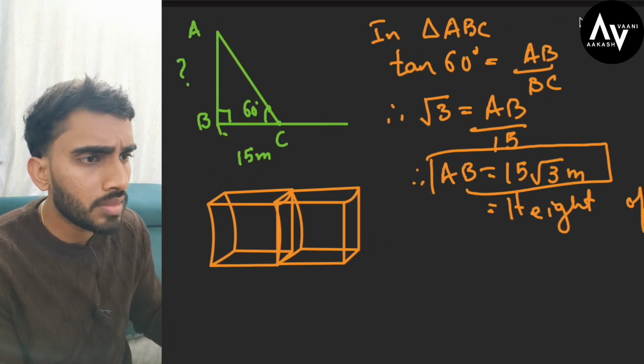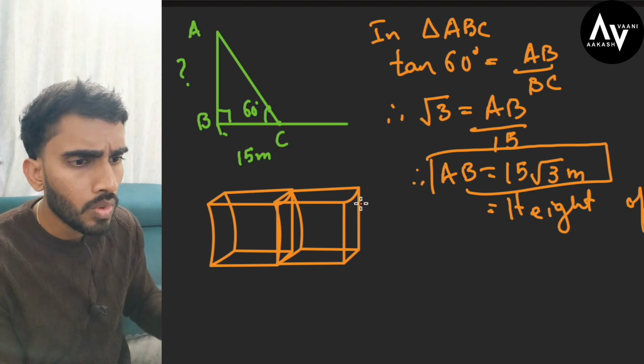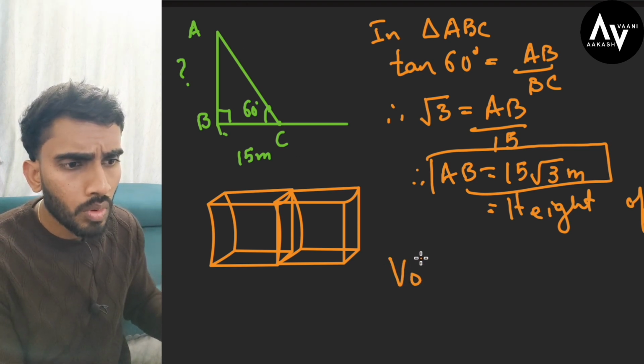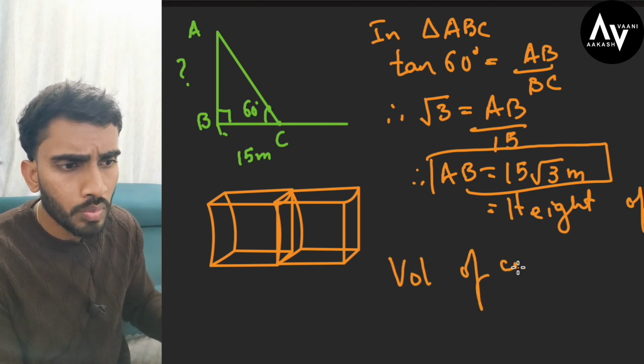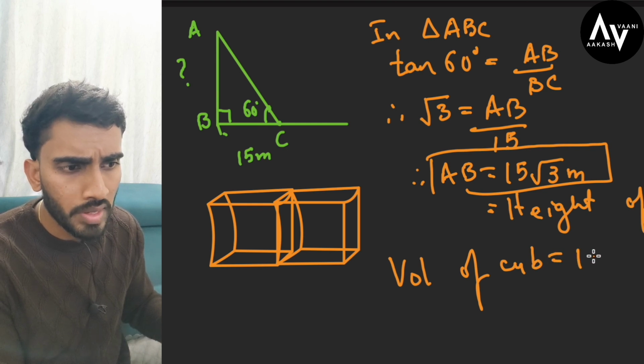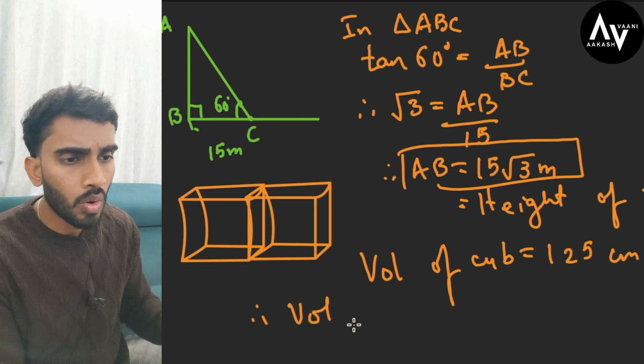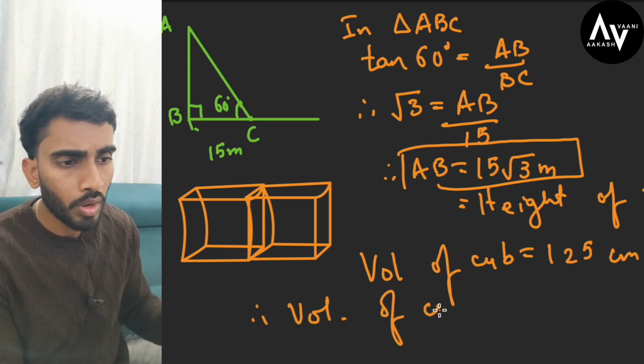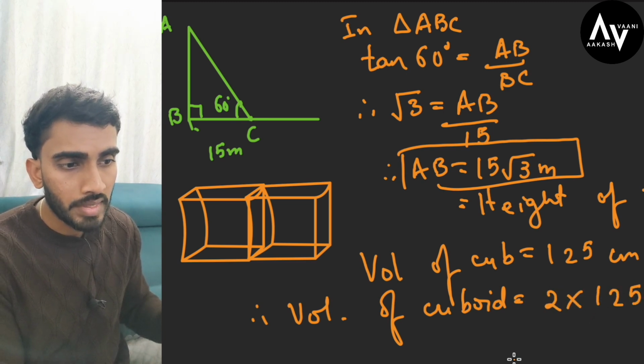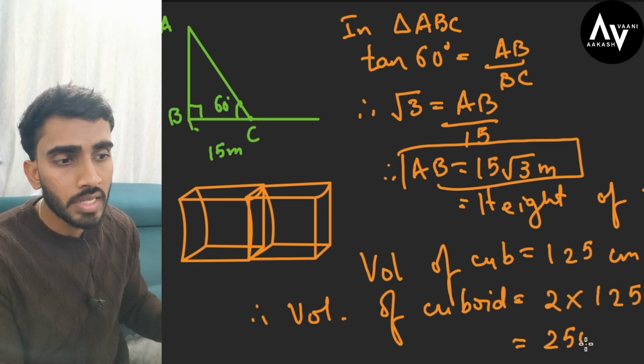We will just write here that the volume of a cube is given as 125 centimeter cube, and therefore the volume of the cuboid is going to be double of 125, and that is 250 centimeter cube.